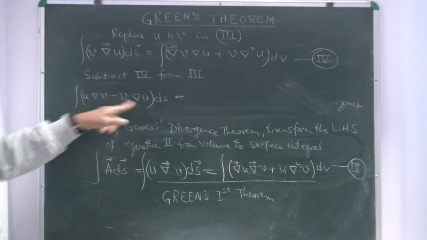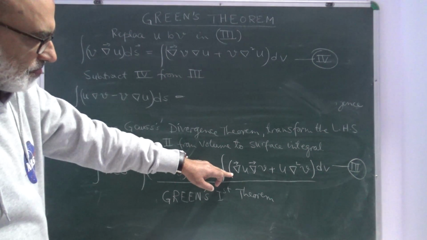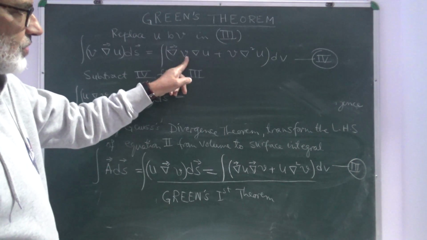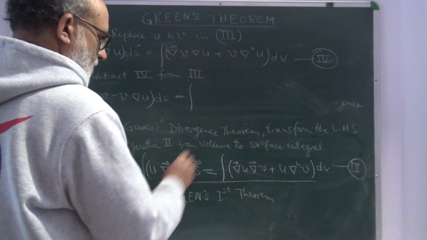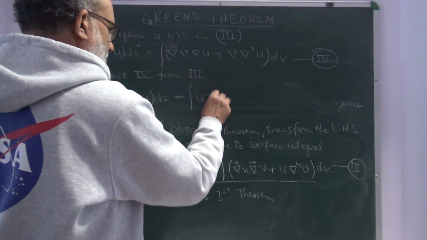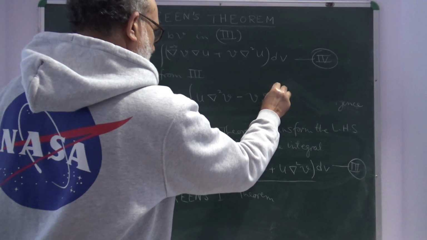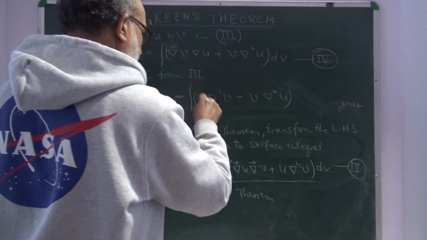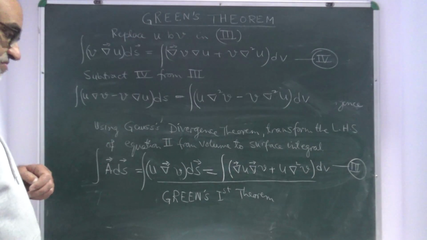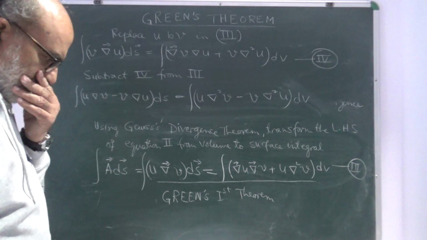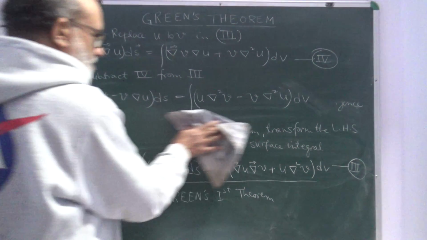On the right, if you take the subtraction, this term will cancel out because it is the same thing, del v dot del u and del v dot del u cancel out. You will get the volume integral of u del square v minus v del square u, and this is Green's second theorem.